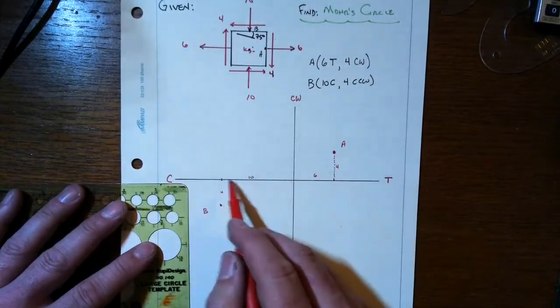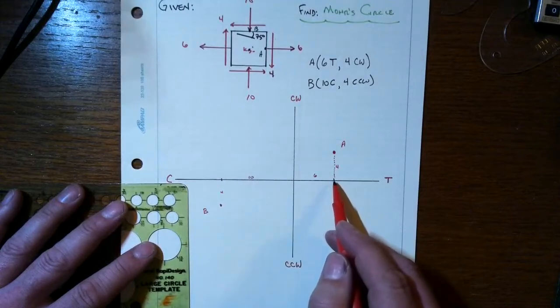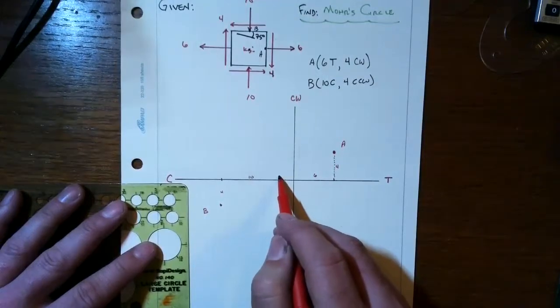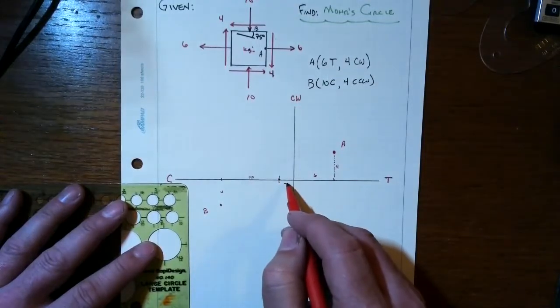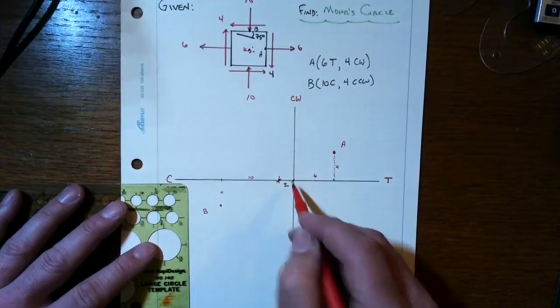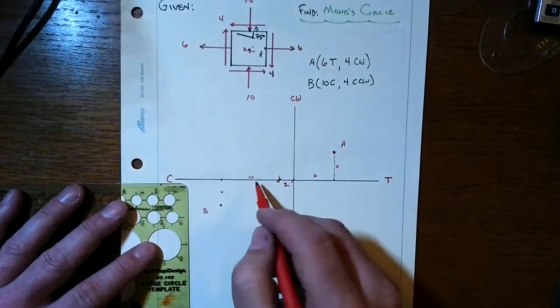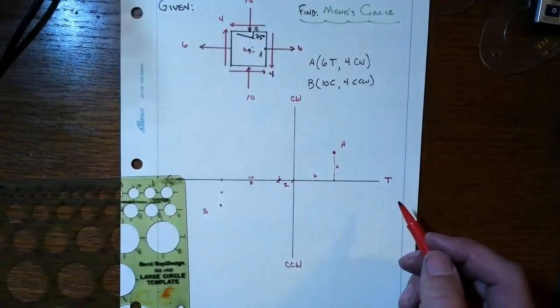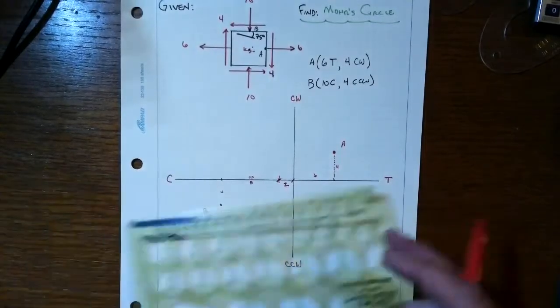Now the total distance between them is 16. So the origin is 8 over from either one, which globally would be 2 away from the origin, right? So 8 plus the 2 is the 10. And that is the center of our circle.